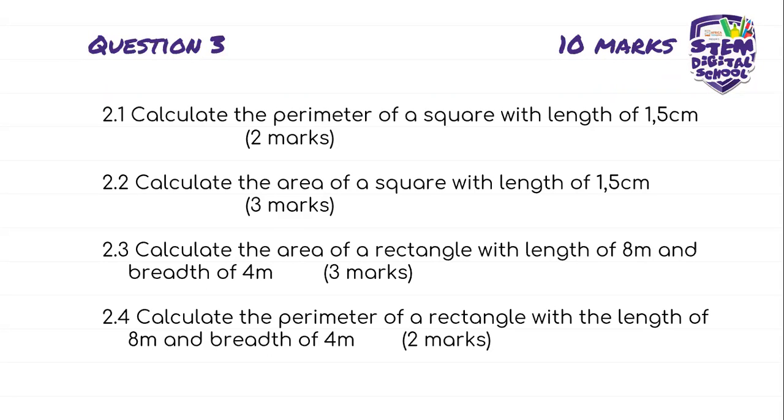Calculate the area of a rectangle where the length is 8 meters and the breadth is 4 meters. Now we are coming to your equation, Minas, the formula that you just gave us. Now you need to use it to find the area.